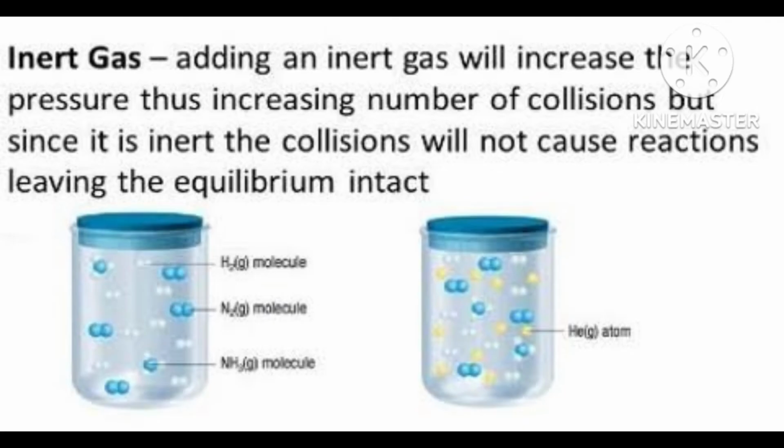Where heat is required, if you increase the temperature, that is helpful, more product. And where heat is already coming out, delta H is negative, it will work in a reverse way. Product will be less. Just try to understand these things.